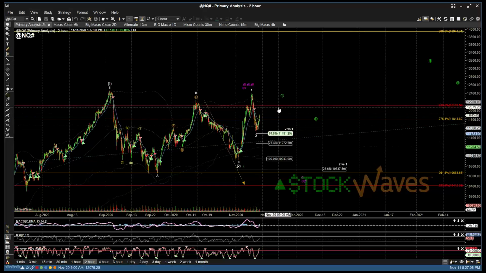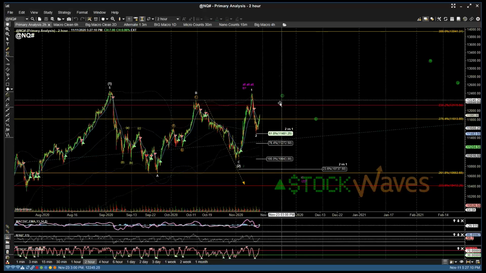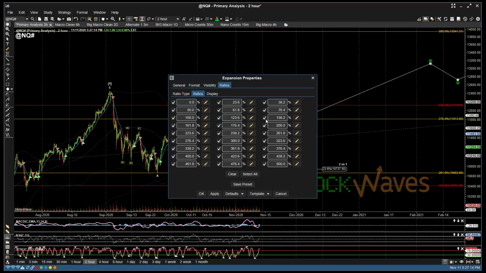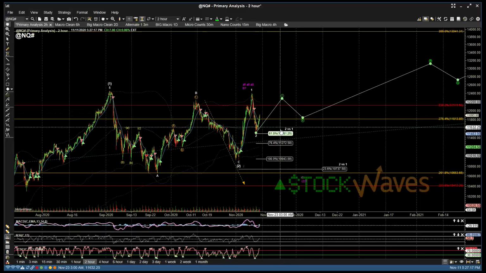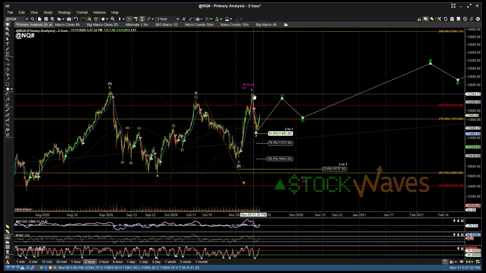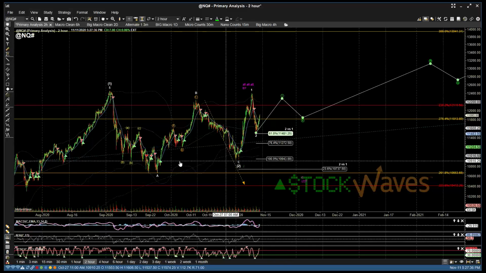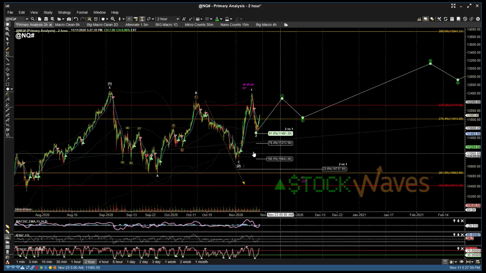So maybe Nasdaq can manage to rotate itself around and get more of this 1-2 off of that low, while the S&P tries for that C wave of the wave 2. So Mike, hopefully that answers your question, that it is a possibility, both on the Nasdaq and the S&P, but I'm not seeing it as the highest probability.